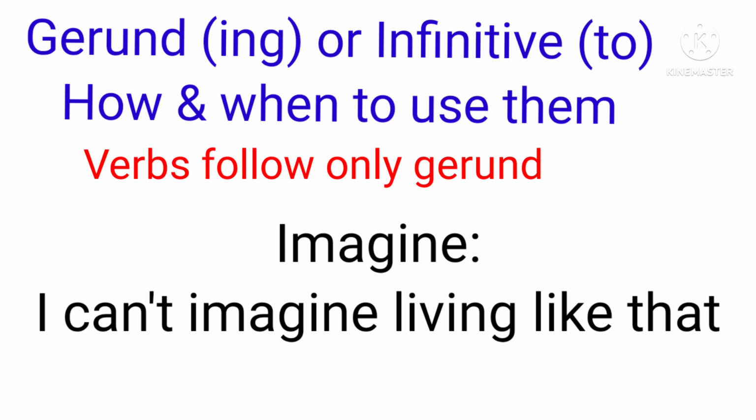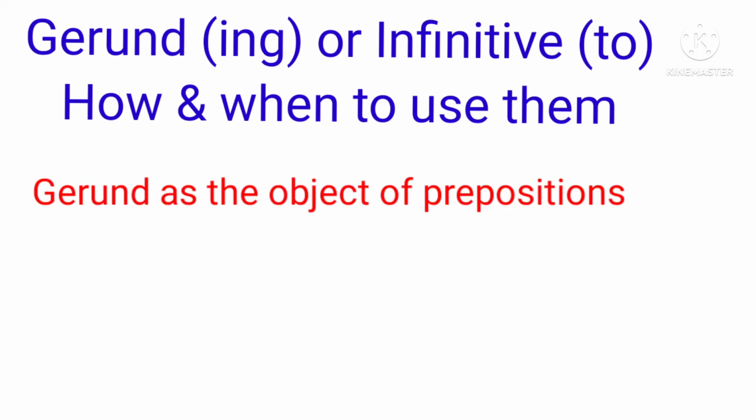Okay, so we can also use a gerund as the object of the preposition, meaning that we use it after a preposition. Let us quickly review some common prepositions that we can use with a gerund.